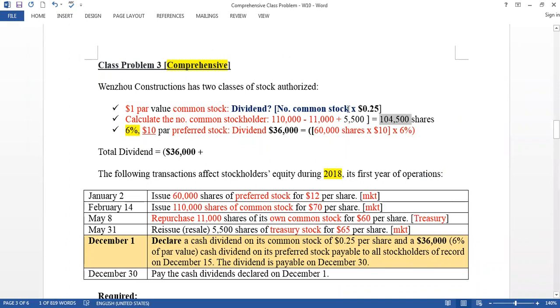Common stock dividend means number of common shares times $0.25, which equals 26,125. So we know that preferred stock is this amount, and common stock is this amount.